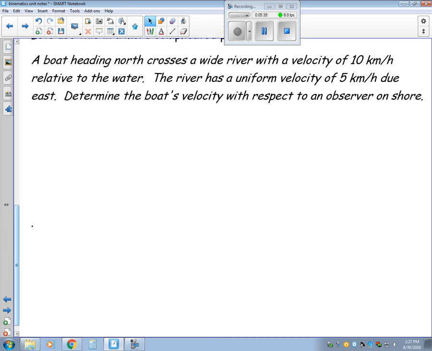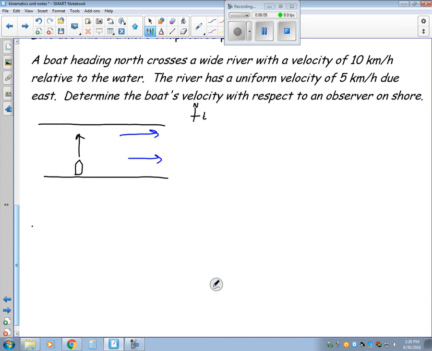Let's see if we can get a visual of this. Here is the river, here is the boat. The boat is trying to move this way, the water is moving this way, with north and east as our directions.